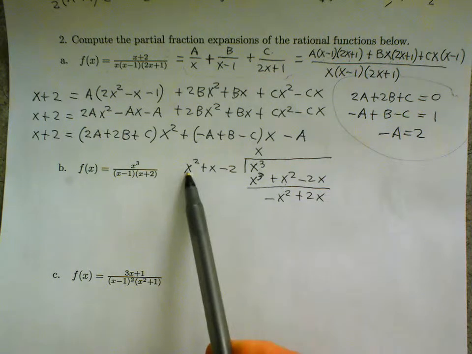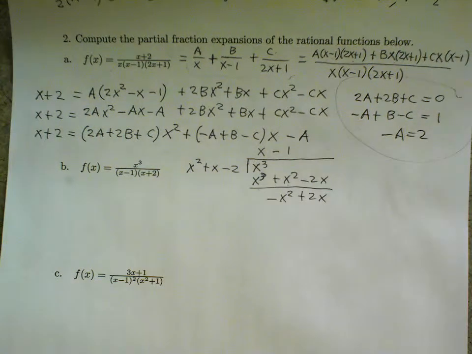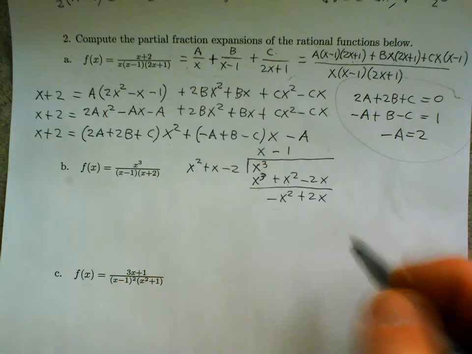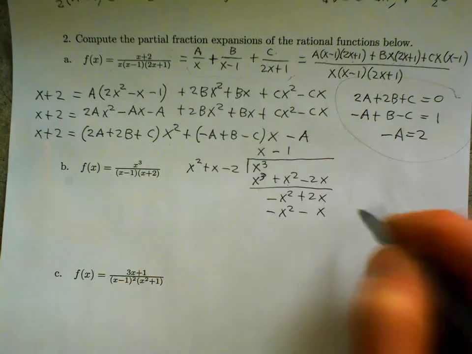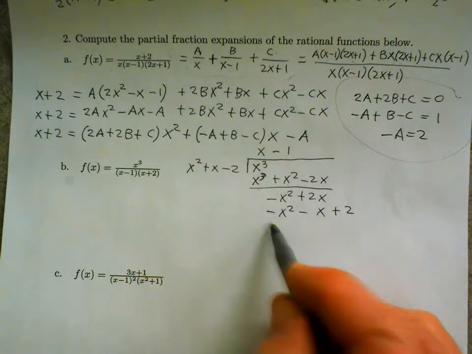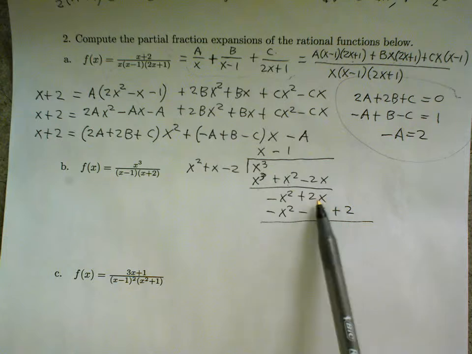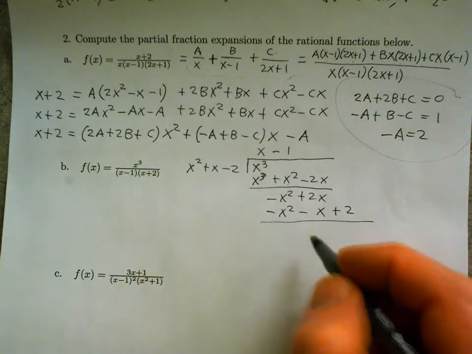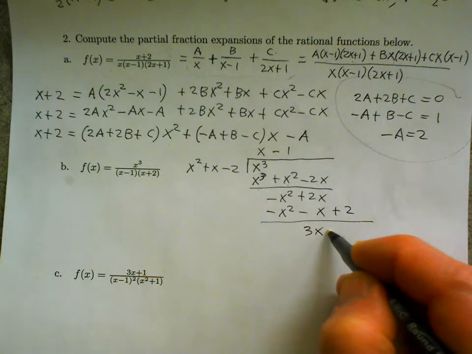And then there's one more cycle in the division. X squared goes into negative x squared, negative 1 times. So negative 1 times the divisor is negative x squared minus x plus 2. And the remainder will be 2x minus negative x is 2x plus x, or 3x. And 0 minus 2 is minus 2.